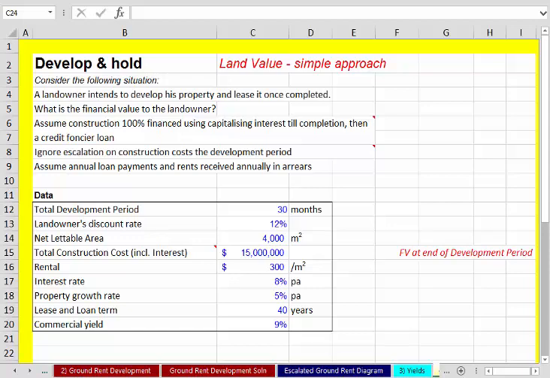We now come to an exercise which is not strictly speaking a ground rent exercise. It actually has to do more with land value and the estimation of land value directly from a particular strategy with land. In some cases you don't have an established land market.